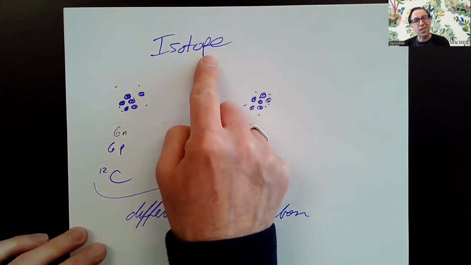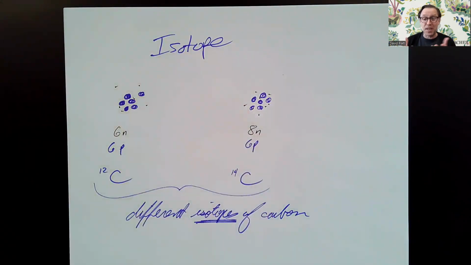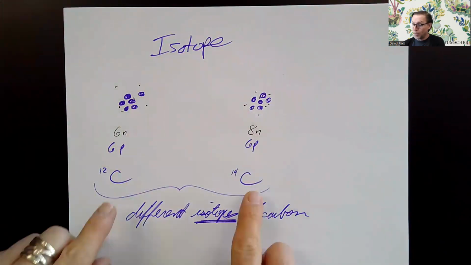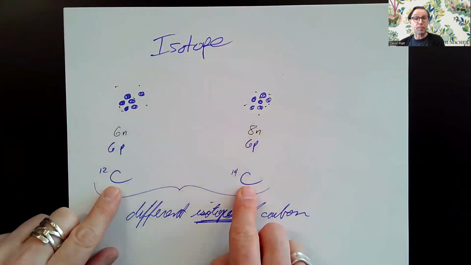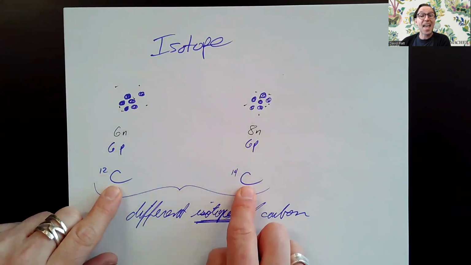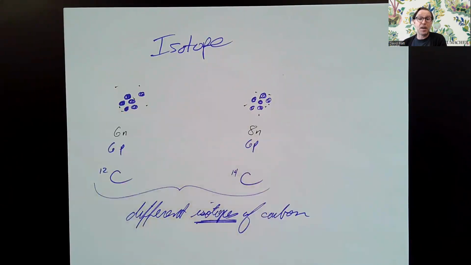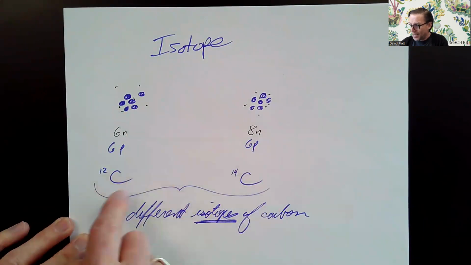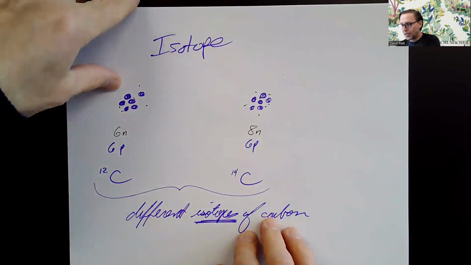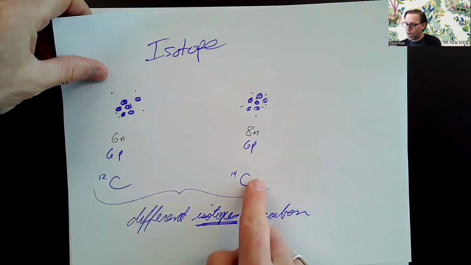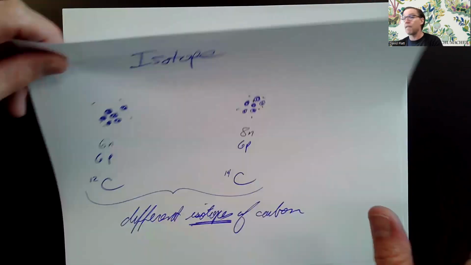So if you think of tope as the word type, and iso meaning same, I think iso is a prefix that means the same. So what's the same about them? One has 12, one has 14. They're both carbon. So it's the same element with different masses. So it's the same type. There's different kinds or different types of carbon. Isotope. So those are the two most common isotopes, types of carbon.